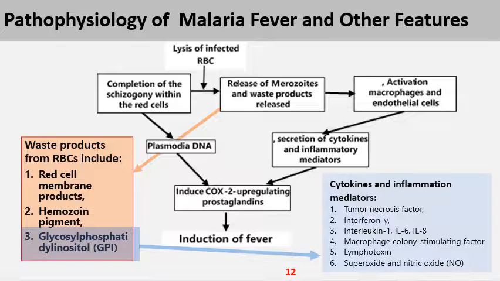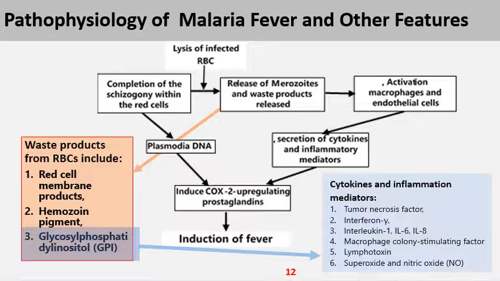In addition to these features, Plasmodium DNA is extremely pro-inflammatory, and this can cause elevated cytokine levels as well as fever. The plasmodial DNA is carried by hemozoin, which is produced during the parasite development within the red cell, to interact intracellularly with toll-like receptor 9, resulting in the release of pro-inflammatory cytokines, which in turn induce COX-2, regulating prostaglandin, resulting in fever induction.